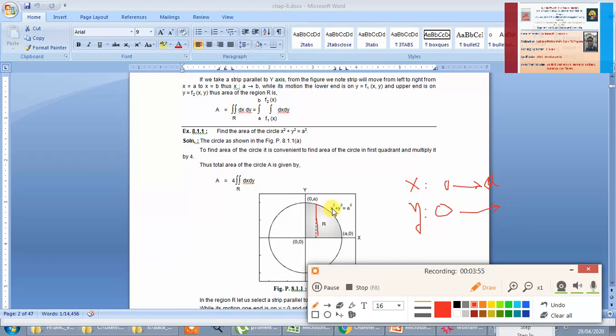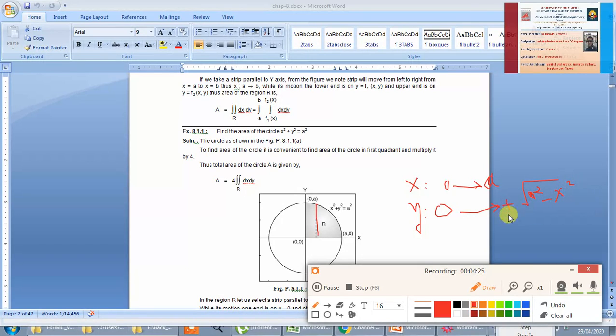What is the equation of the circle? x square plus y square equal to a square. So we get y square equal to a square minus x square, and that gives y equal to plus or minus under root of a square minus x square.